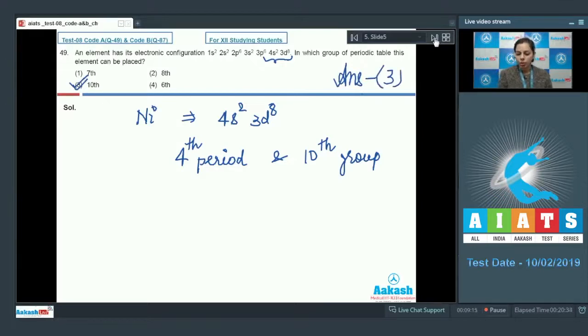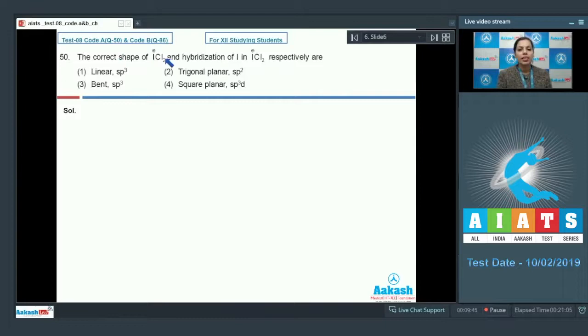After this, question number 50. The correct shape of ICl2 positive and the hybridization of I in ICl2 positive respectively are. In this case, we have the species ICl2 positive, and we need to find out the hybridization of I in this and the correct shape of this species. Now, if we talk about hybridization, it is sp3 hybridized.